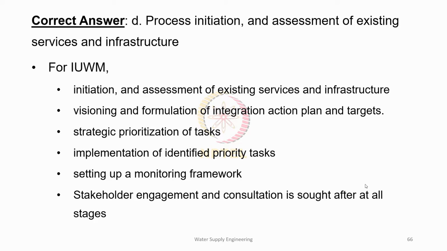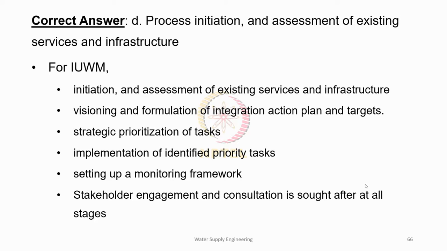Once that is done, we'll implement these tasks one by one and slowly achieve each of the targets. So, for the smooth functioning, we need to set up a monitoring framework to monitor the process overall.